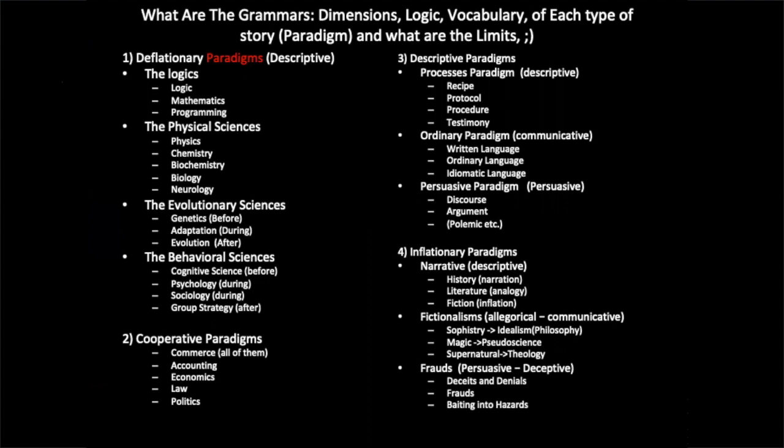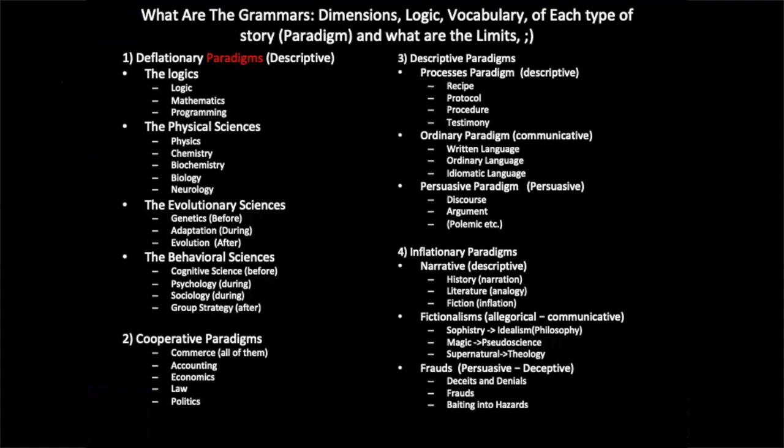And then there are the descriptive paradigms like recipes, protocols, procedures, and testimony. And then there are ordinary paradigms: written language tends to be formal, ordinary tends to be less so, and idiomatic tends to be less so. And then we have the persuasive paradigm, which is how we conduct discourse and argument and polemic. We have inflationary paradigms, where we use the narrative, then we go to the fictionalisms, and then the frauds.